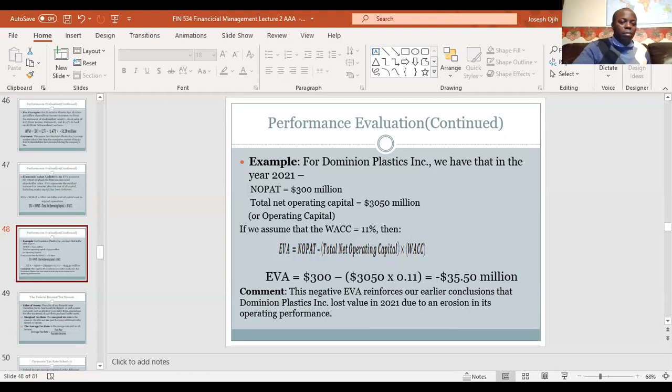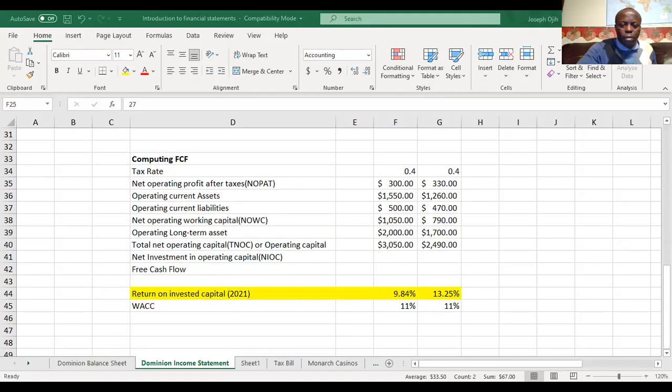Let me put the formula down so that when I move here, we will still be able to see it. NOPAT minus total net operating capital. Just a minute, let me pull this out. Okay. Total net operating capital.